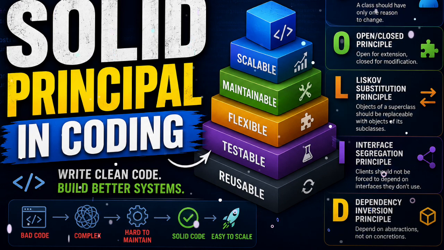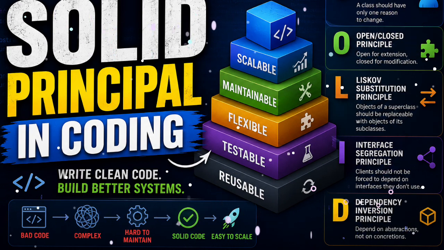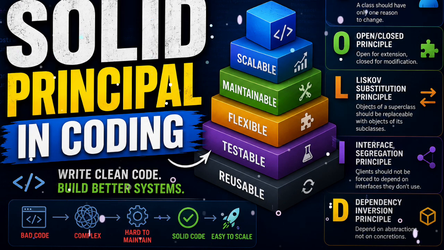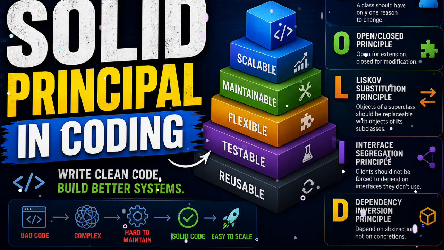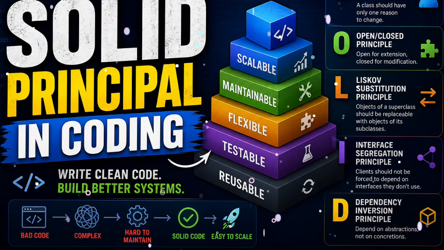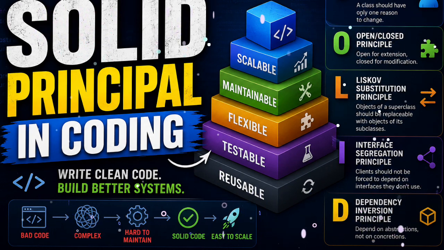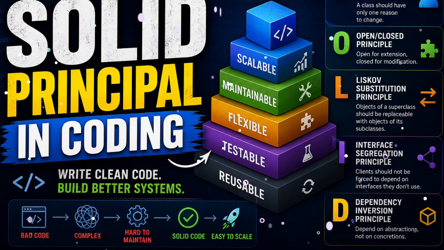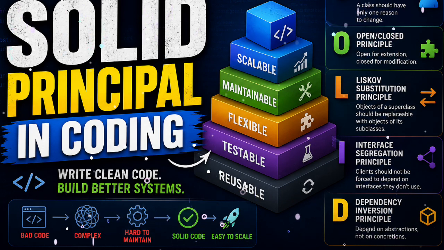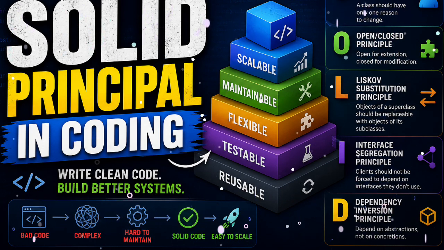Authentication service. Its job, manage users. Now every part of the system is independent. Tomorrow you want to replace OpenAI with another model. Only change LLM implementation. Tomorrow you want to replace FAISS with another vector database. Only change vector repository. The complete application remains stable.